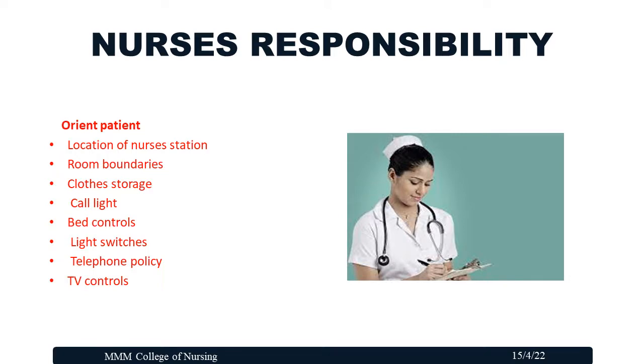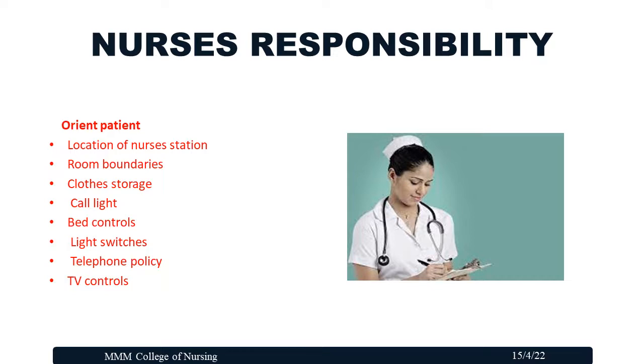The next step is to orient the patient to the hospital ward environment: the location of the nurse station, room boundaries, cloth storage room, call light, bed control, how to fold the bed and how to operate the bed control, and light switches, which one is for the fan and which one is for the light.